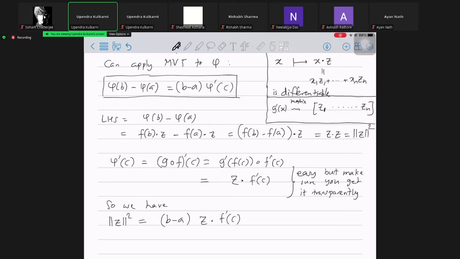So what do I do now? This is where Cauchy-Schwarz comes in. It gives me that this is at most b minus a times the norm of Z times the norm of f prime of c. And what do I do finally?